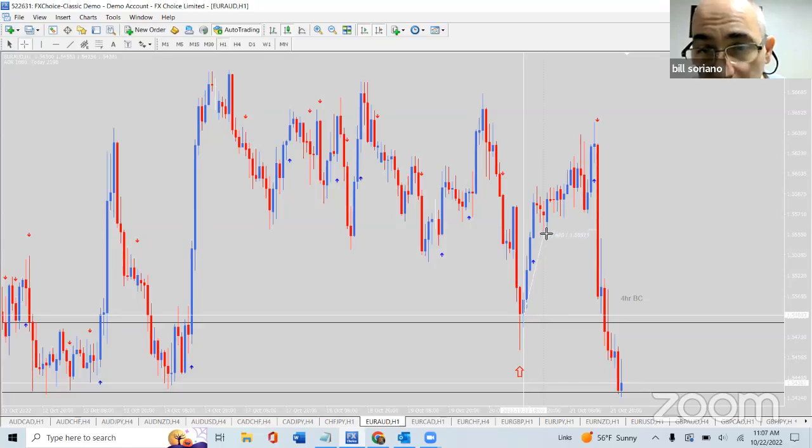Which is somewhere down around here. And then we could try to get to a 1 to 4 instead. So in this case, a 1 to 4 would be 120 pip gain. We would easily get this. This one is actually a 1 to 5.